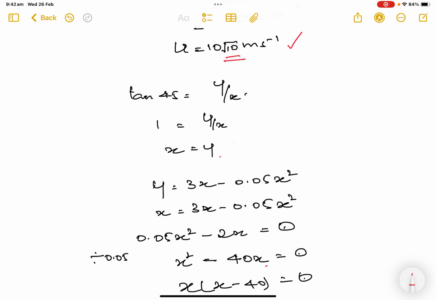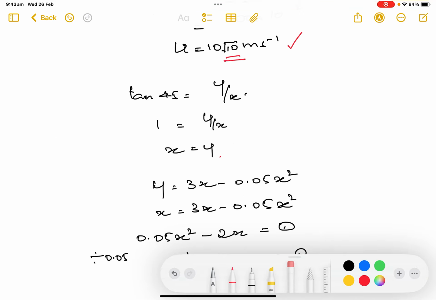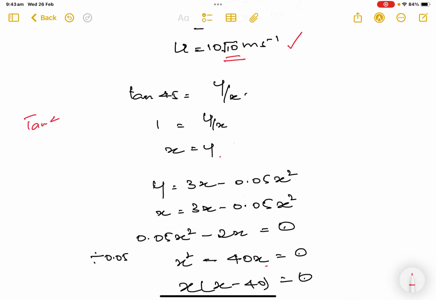Tan 45 is 1. So tan 45 equals 1 equals y over x, and x equals y.